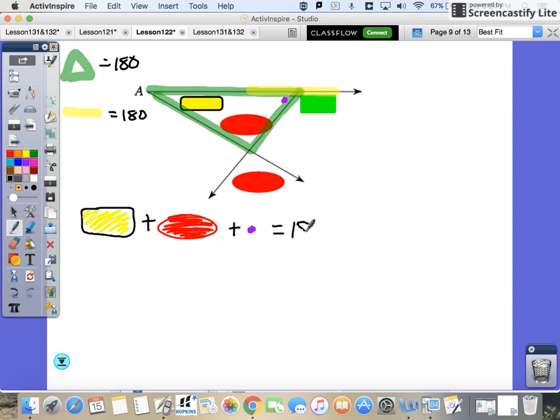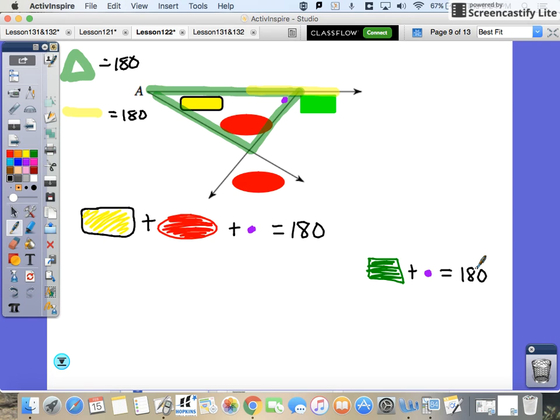So because that's a triangle, we know it's 180, okay? The other thing we know is that the green rectangle and the purple dot equal 180 because it's a line, okay?